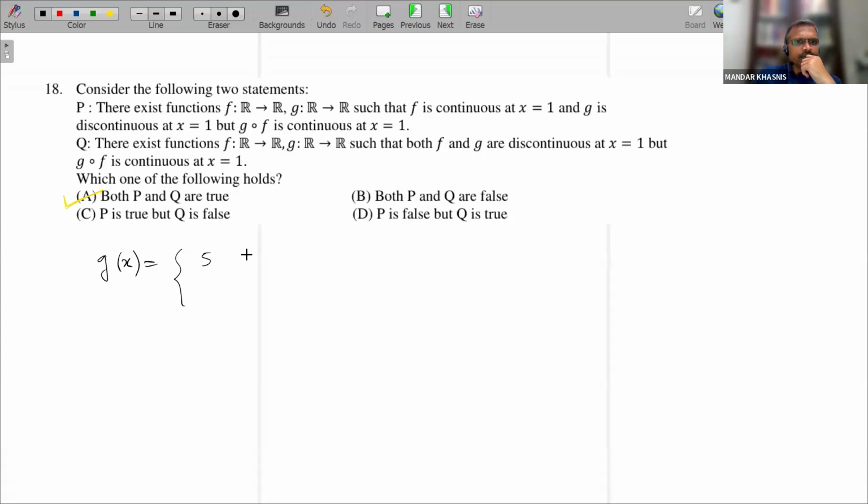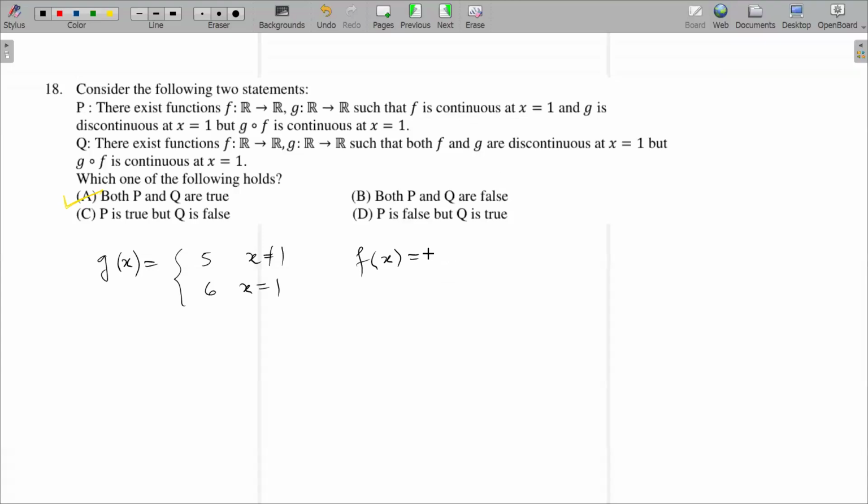Suppose I take this 6 not equal to 1 and say 6 if x is 1. And let me take f(x). You want f to be continuous at 1. Mod x minus 1.